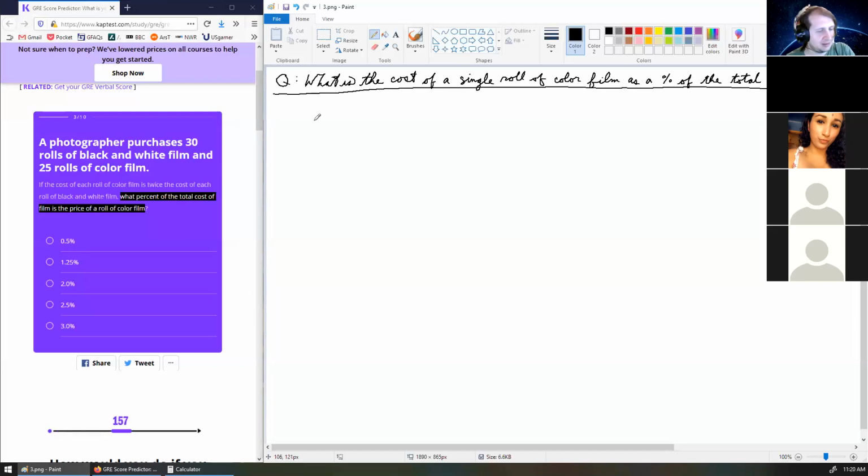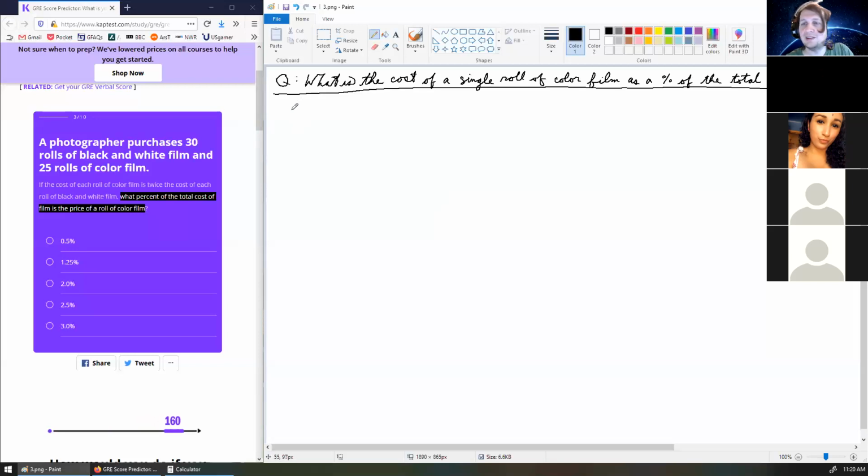So let's figure out what information they give us. What is the order? How much stuff is in the order? I wrote down just first black and white roll equals 30, and then color film equals 25.